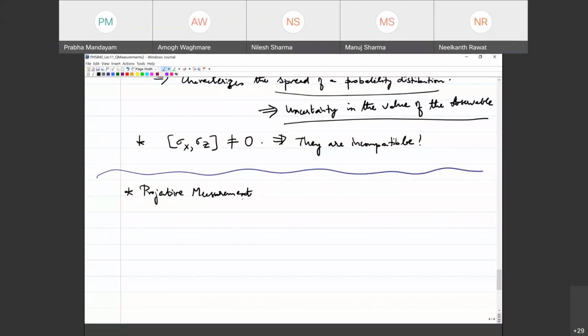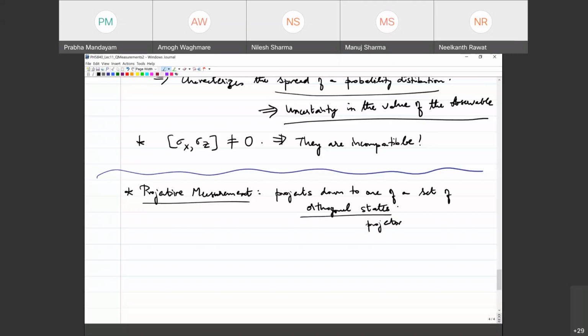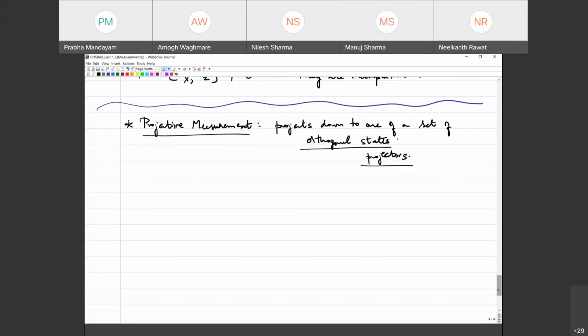What the projective measurement does is it projects down to one of a set of orthogonal states, or orthogonal projectors. But is this the most general measurement that one can construct? If I abstract out the idea of measurement, do I really need orthogonal projectors, or can I go beyond orthogonal projectors?